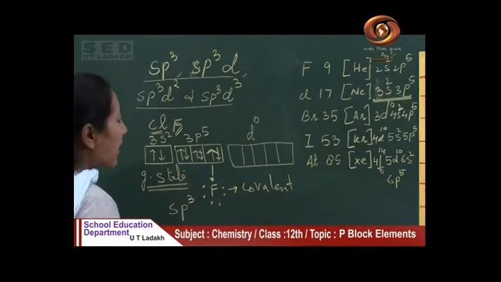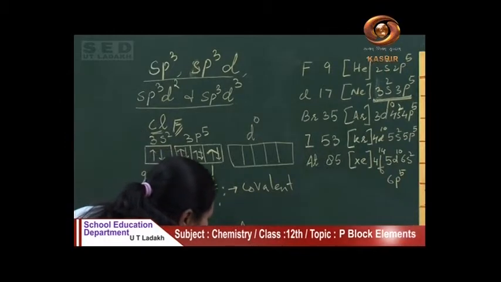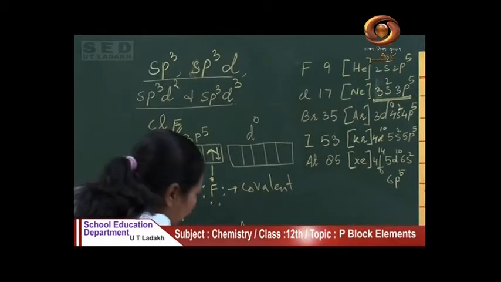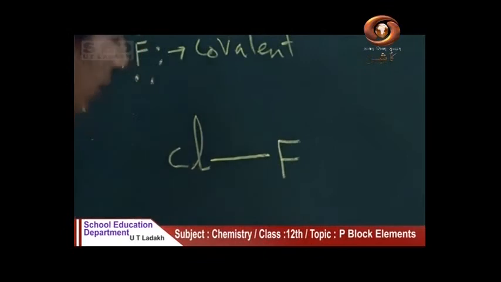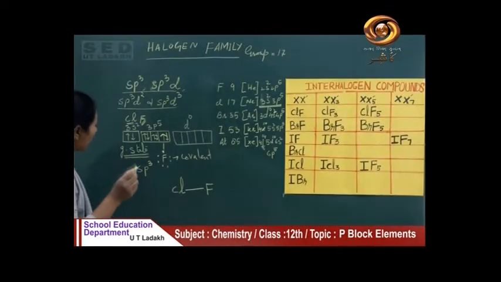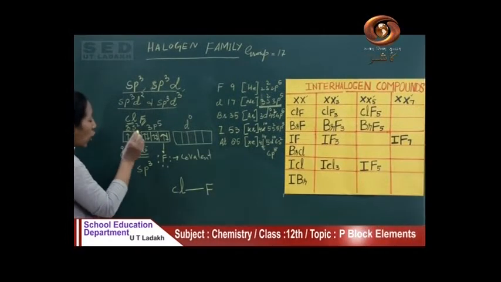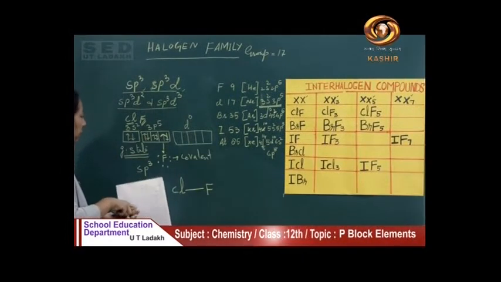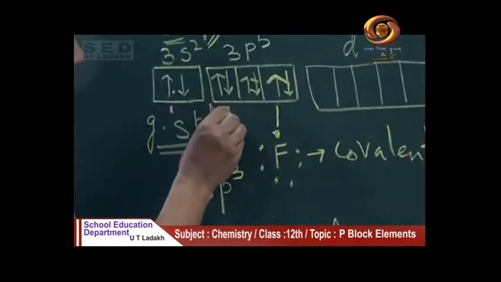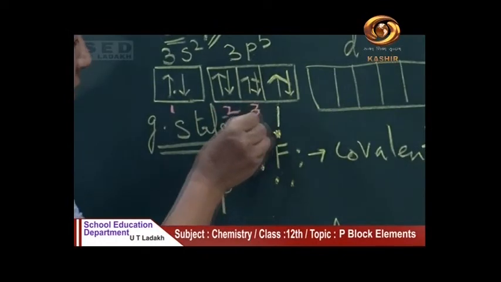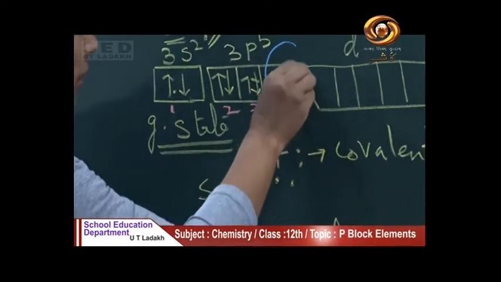So its structure should be like this: Cl with a covalent bond to fluorine, and how many lone pairs does it have? We can count from this: 1 lone pair, 2 lone pairs, and 3 lone pairs, and it has only 1 bond pair.